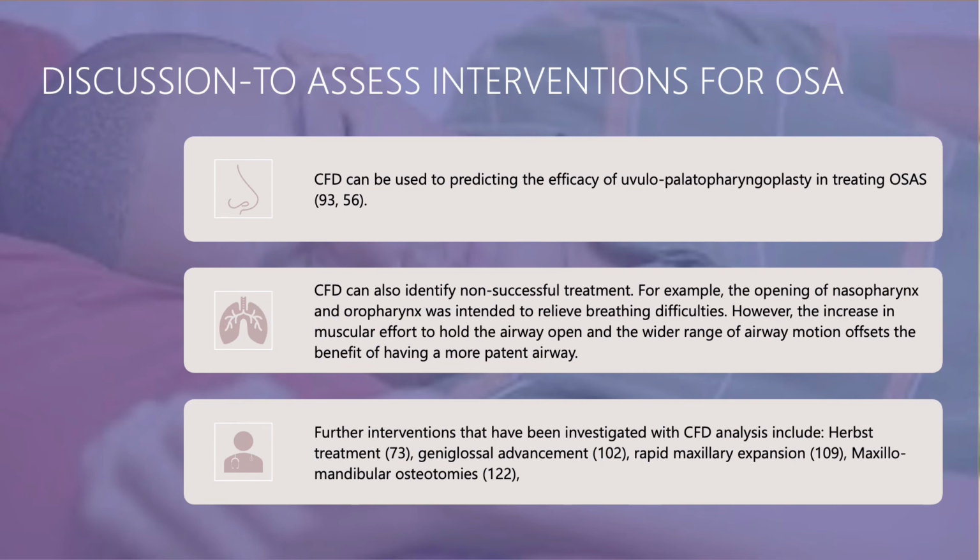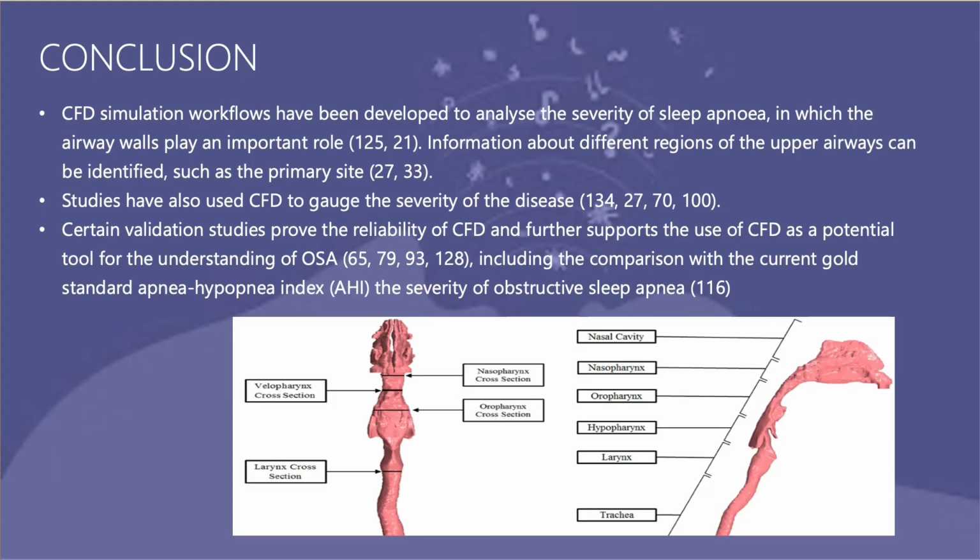Further interventions that have been investigated with CFD analysis, including genioglossus advancement procedure and maxillomandibular osteotomies, were discussed in other studies. In conclusion, CFD simulation workflows have been developed to analyze the severity of sleep apnea, in which the airway walls play an important role.